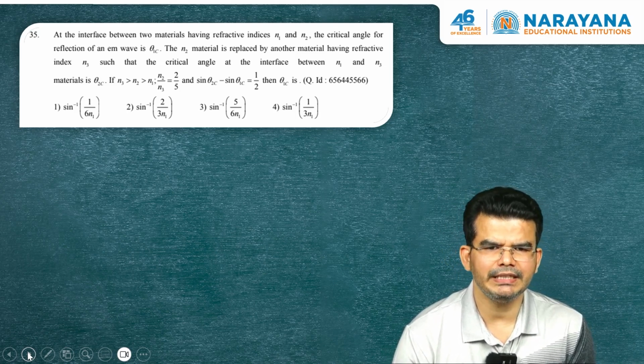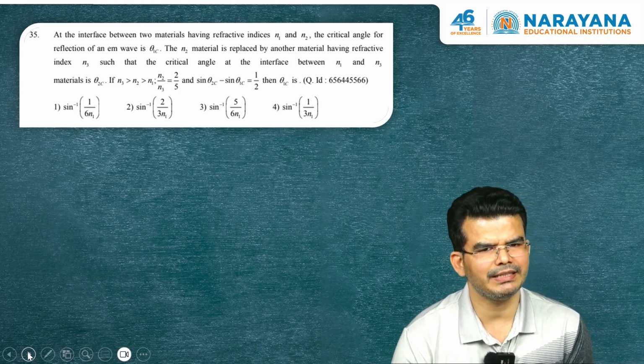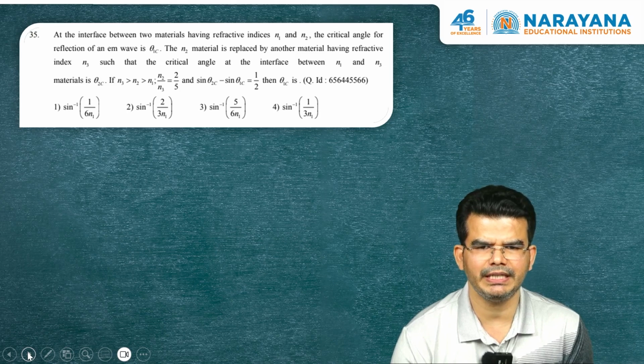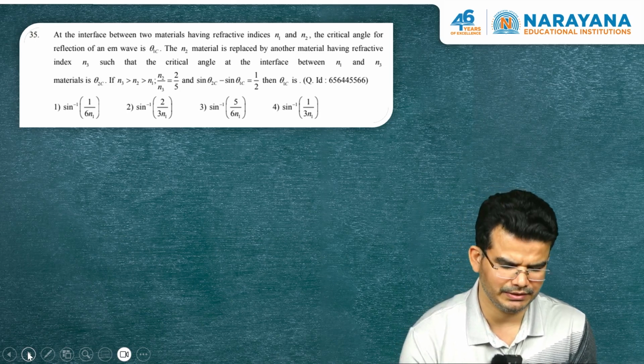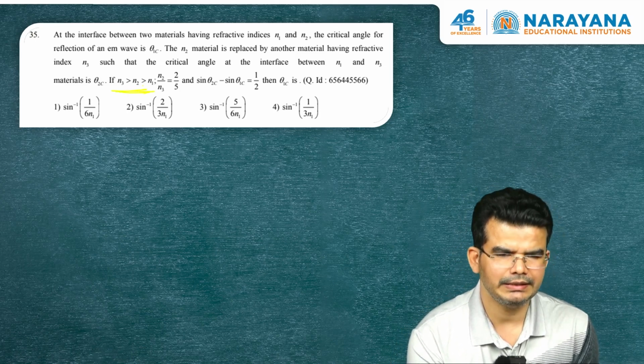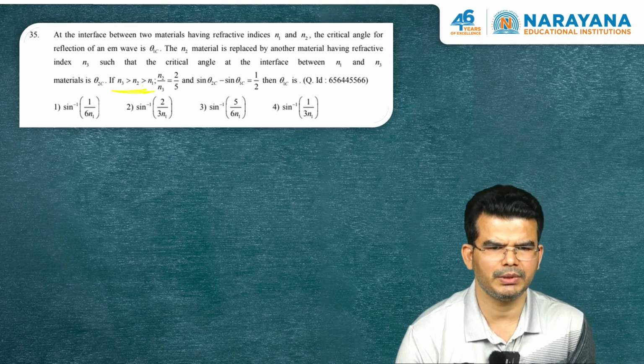The N2 material is replaced by another material having refractive index N3 such that the critical angle at the interface between N1 and N3 is theta 2c. Okay, fine. And N3 greater than N2 greater than N1, so this is to highlight that N3 is greater than N2 greater than N1, and N2 by N3 equals 2 by 5, and they have given sin theta 2c minus sin theta 1c equals 1 by 2.